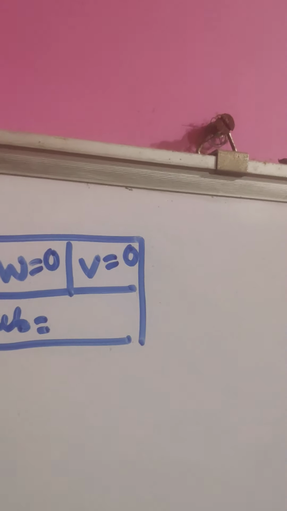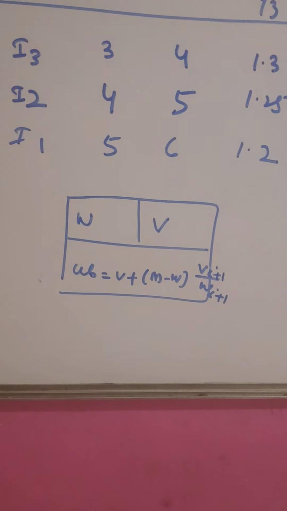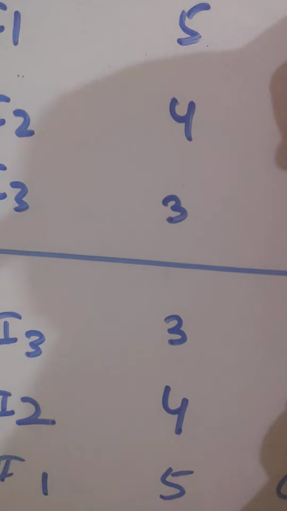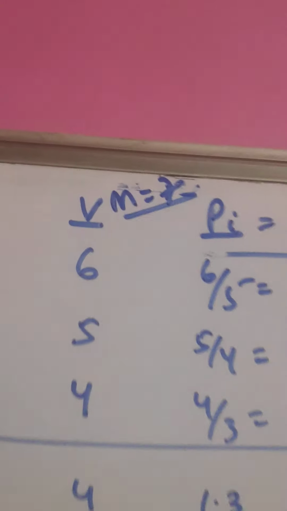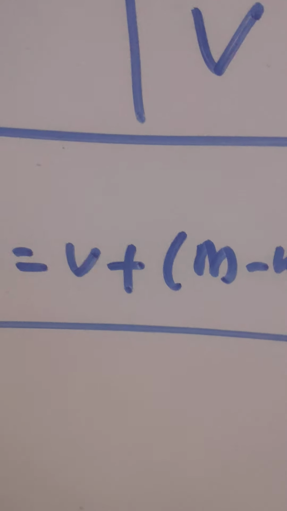V was 0, plus M. M was 7, given initially as the knapsack size. So V was 0, 7 minus W, W was 0.